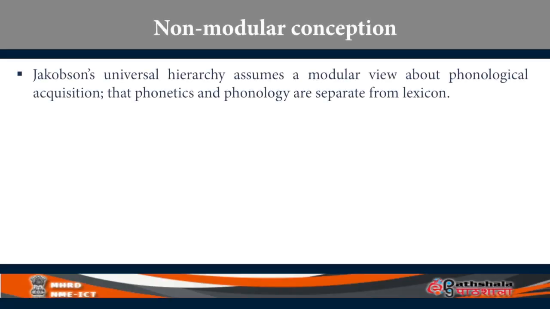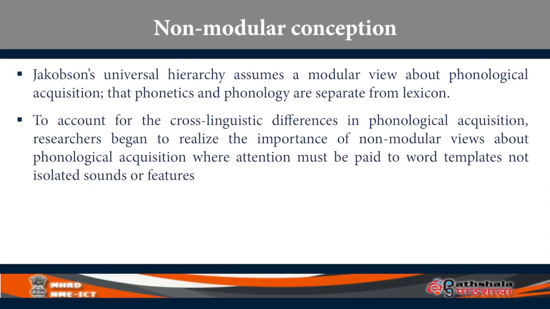In other words, Jakobson's hierarchy assumes a modular view of phonological acquisition, that phonetics and phonology are separate from the lexicon. To account for cross-linguistic differences, in recent years researchers began to say we have to question that modular conception. It doesn't work. You see the picture on the screen now.